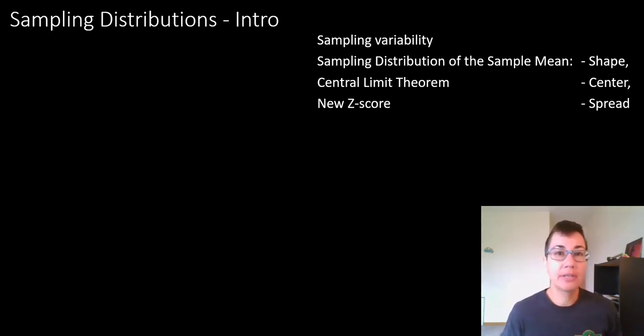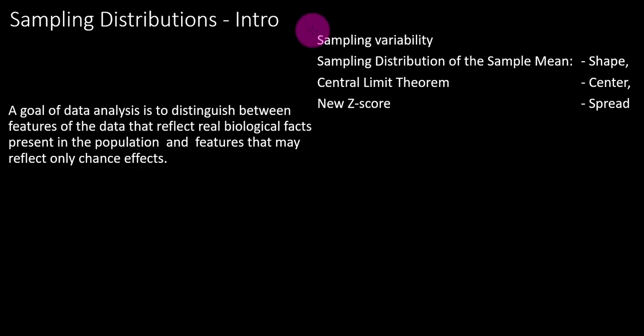Up until this point, we have learned descriptive statistics, ways to describe samples, and we've also learned probability properties. All of that was essential to the foundation of sampling distributions and then inferential statistics. And we will discuss all these aspects here in due time.